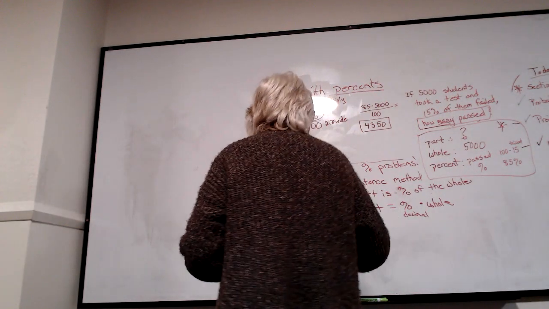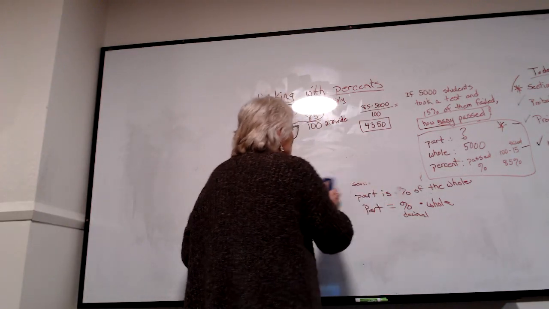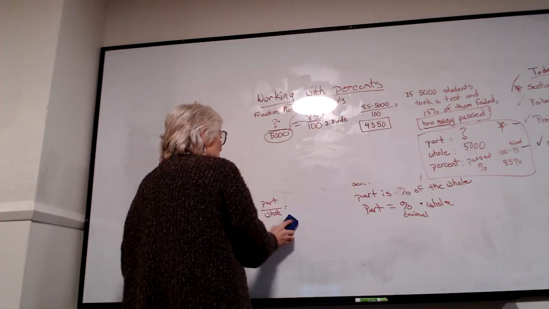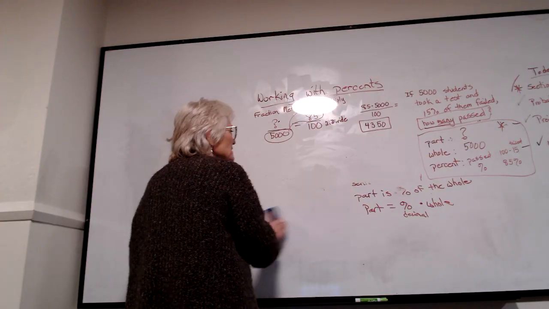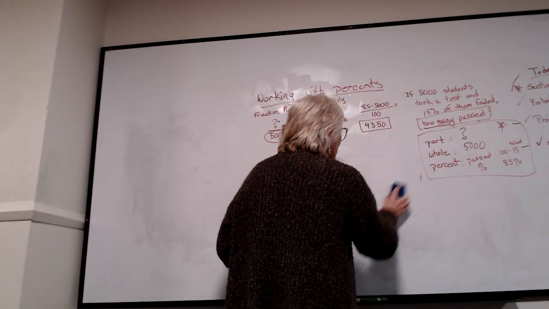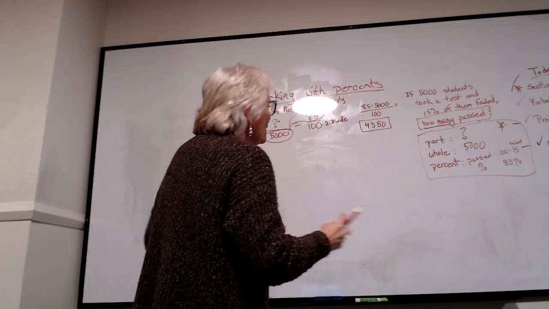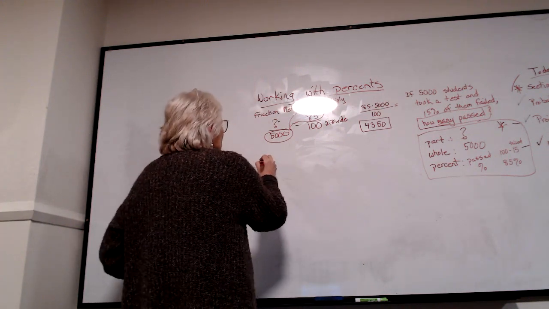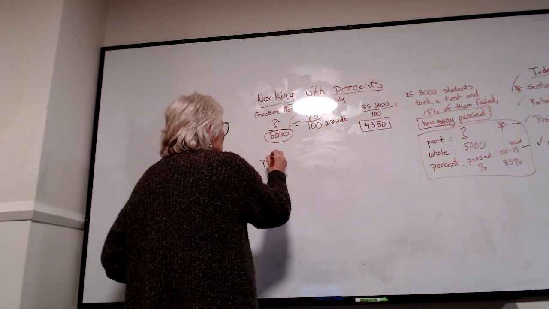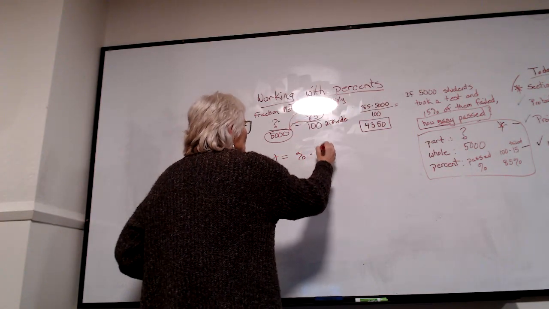The next way is the sentence method. These are sometimes a little bit hard. It depends on the problem. So, in our sentence, the part equals the percent times the whole.